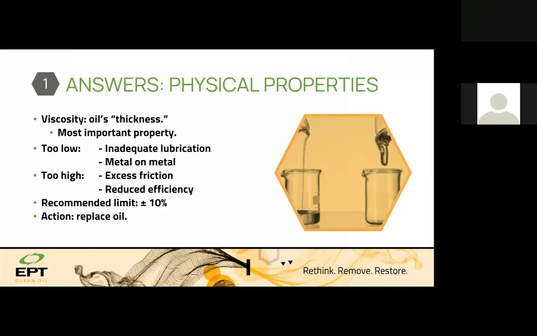First, the most important characteristic of a lubricant is called viscosity, and we know about it, so no need to go into too much detail, but I want to give a recommendation. In 99.9% of laboratory tests which EPT is doing in the lab, most of the time viscosity is in the recommended range, which is plus or minus 10%.